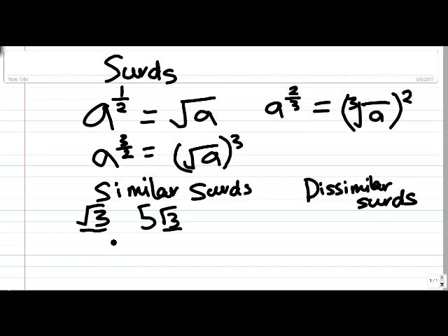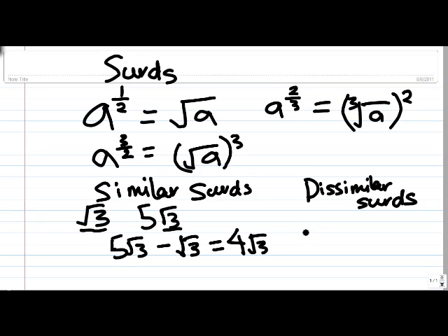So if I tell you 5 square root 3 minus root 3, now of course when I write root 3, it is understood to be 1 root 3. So 5 root 3 minus 1 root 3, you get 4 square root 3.